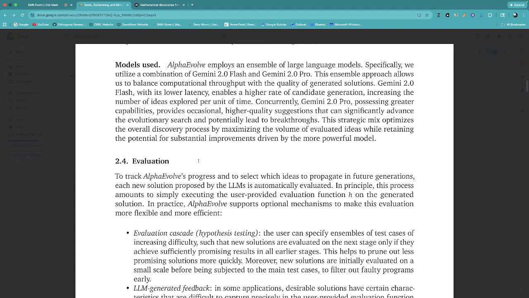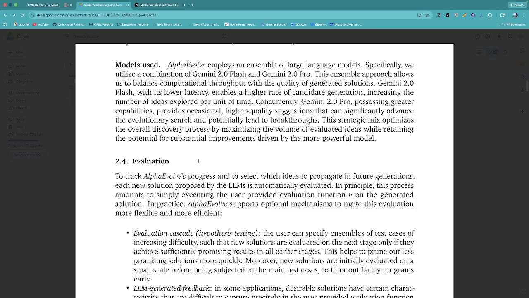So the models that they use: AlphaEvolve employs an ensemble of large language models. Specifically, we use a combination of Gemini 2.0 Flash and Gemini 2.0 Pro. This ensemble approach allows us to balance computational throughput with the quality of generated solutions. Gemini 2.0 Flash, with its lower latency, enables a higher rate of candidate generation, increasing the number of ideas explored per unit time.